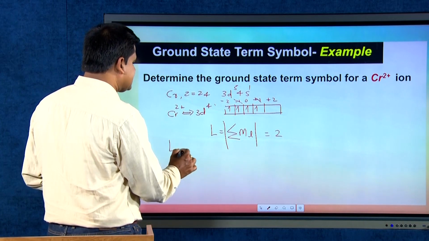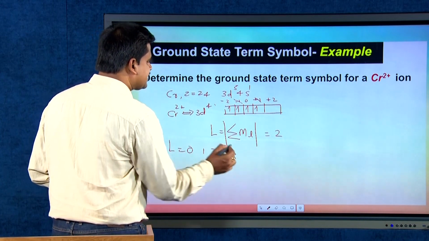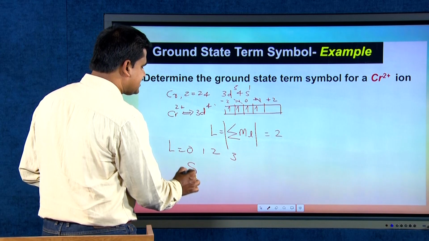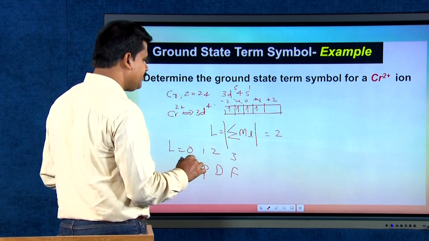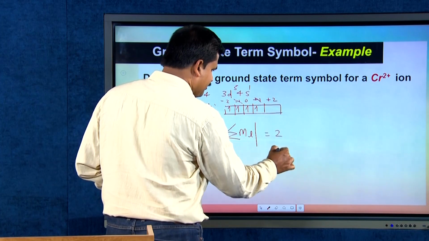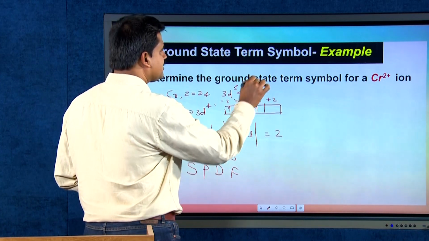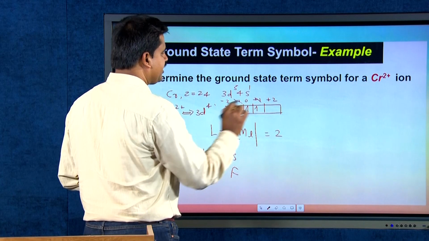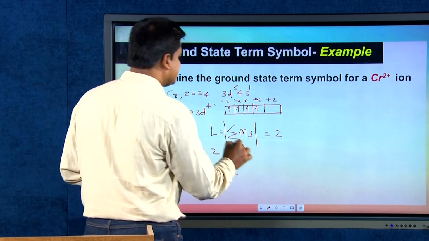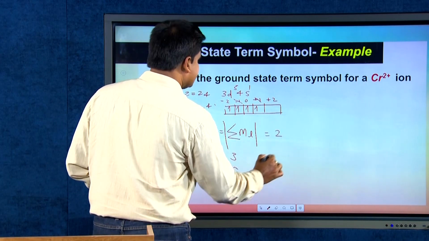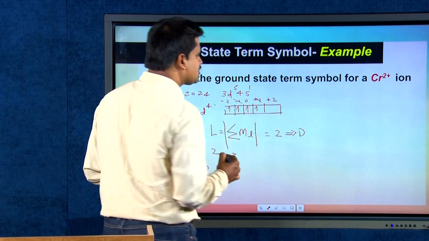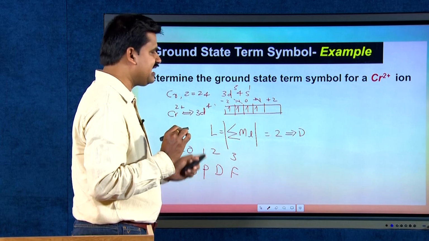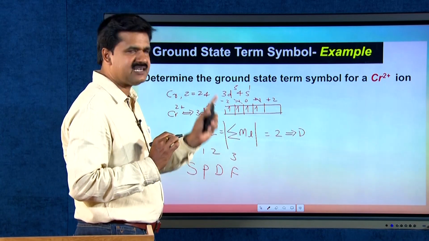If L is equal to 0, 1, 2, 3, etc., the terms are S, P, D and F. So, L equal to 2 implies the term of the present ion, Cr2+, is the D term. I got the value of L as 2, and hence the term is D.